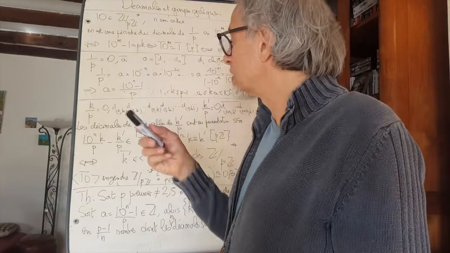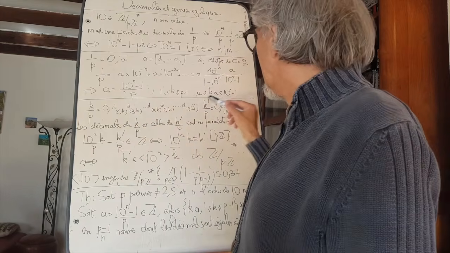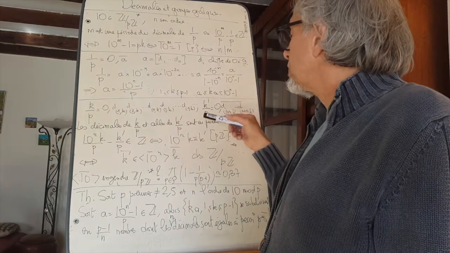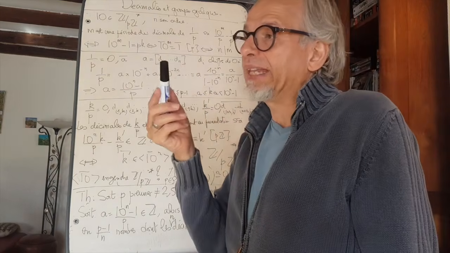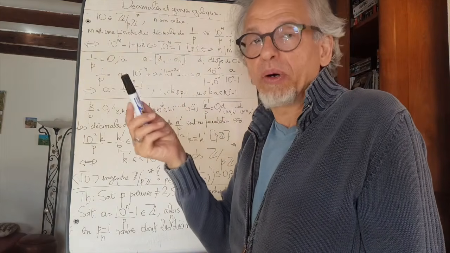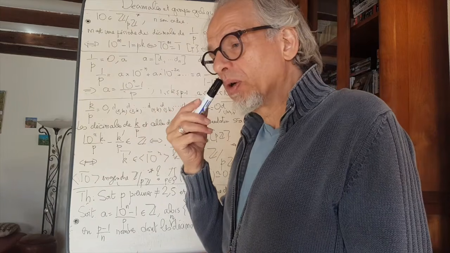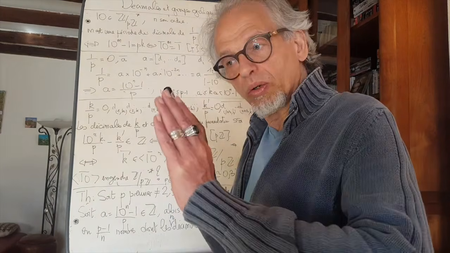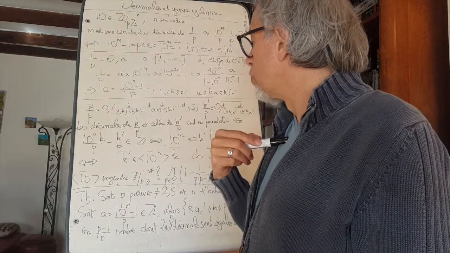And 10^n - 1 is all nines, n nines in its decimal notation. This means that we are certain that k·a has n digits in its decimal notation. Be careful, these n digits, as we have seen, can be 0 on the left.